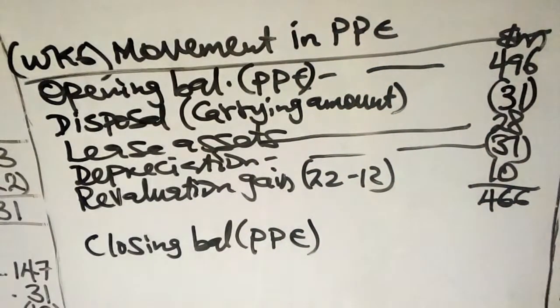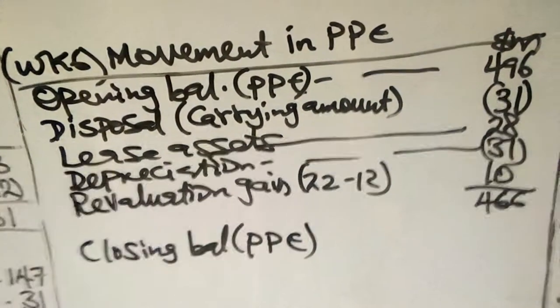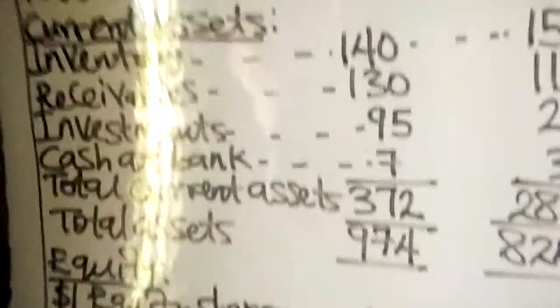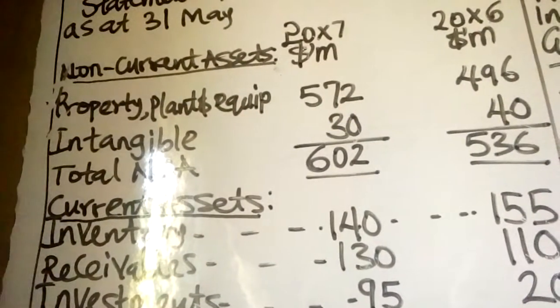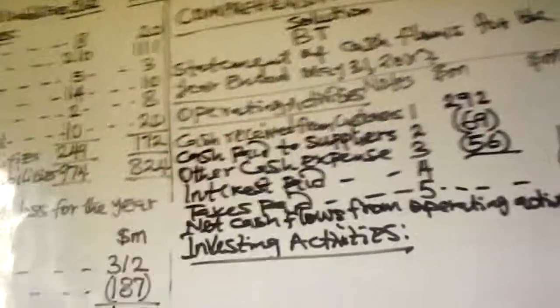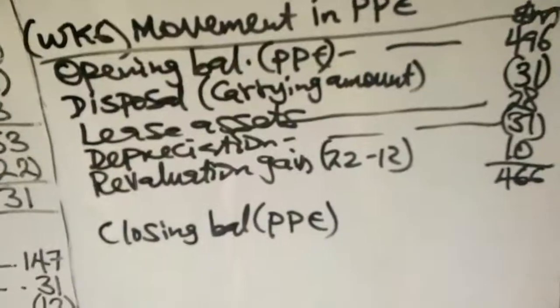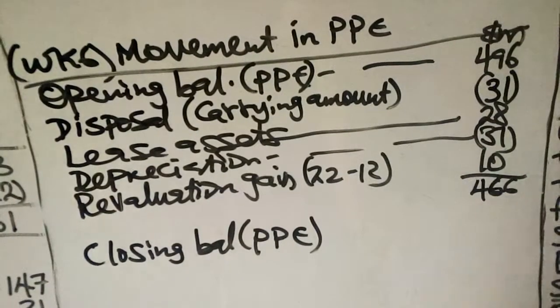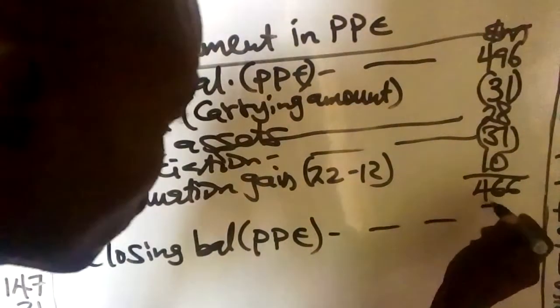How much is the PPE in the closing statement of financial position? I've told you that the closing statement of financial position is the statement of financial position for 20x7, and the PPE balance is 572. So now let's subtract the 572 in order to get the difference.